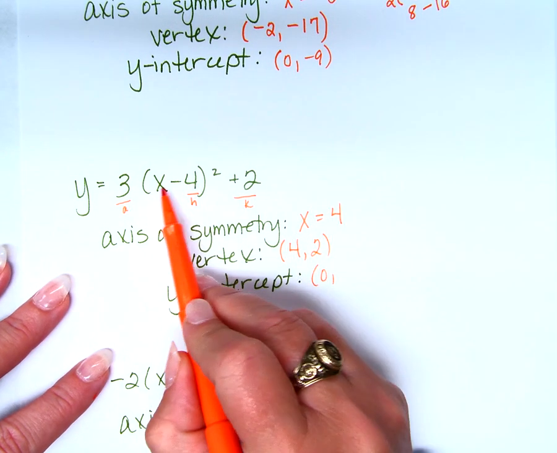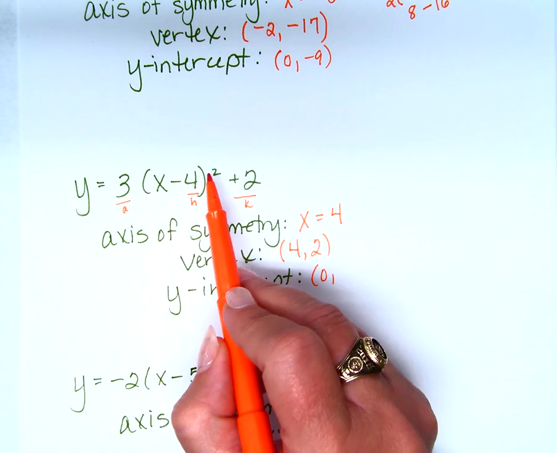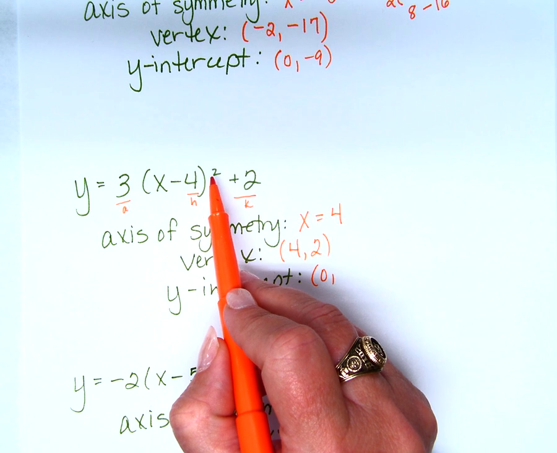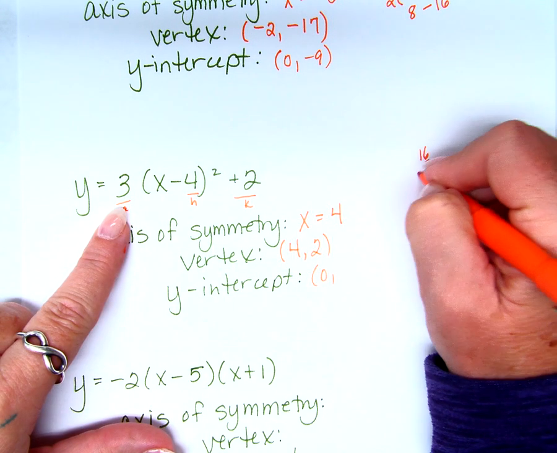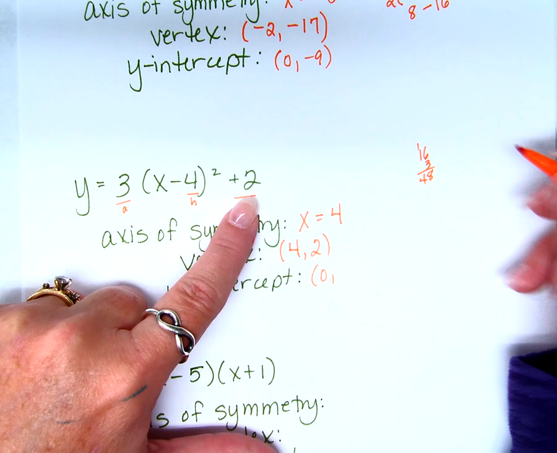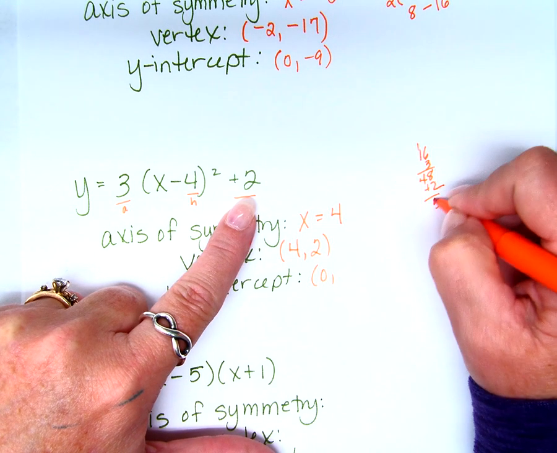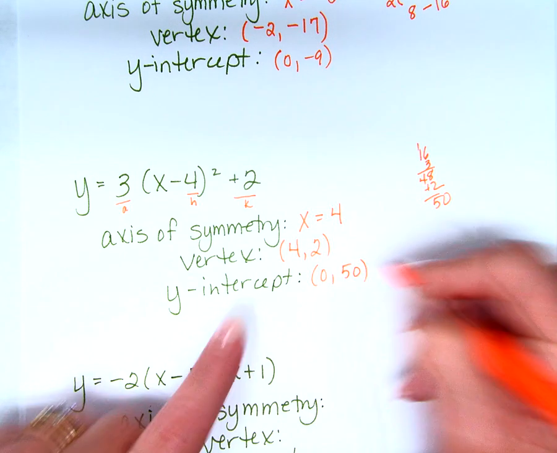What is 0 minus 4? Negative 4. What is negative 4 squared? Positive 16. What is 16 times 3? 48 plus 2. So what's my y-intercept? 0, comma 50.